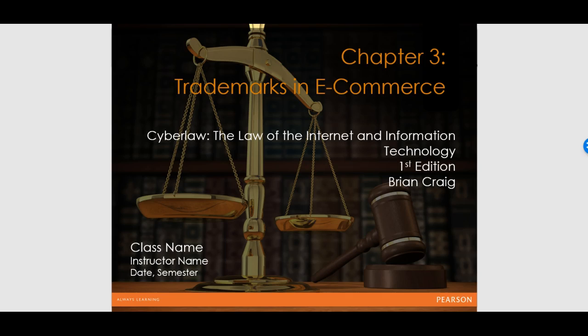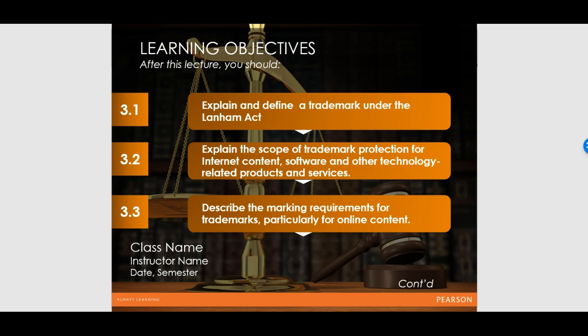So the agenda for this chapter is we'll first of all understand and define what a trademark is, and look at the act, the law that substantiates the definitions and other issues. And then we'll also understand the scope of trademark protection.